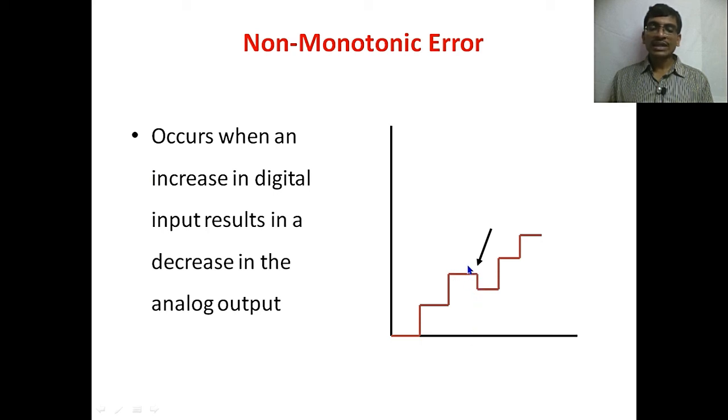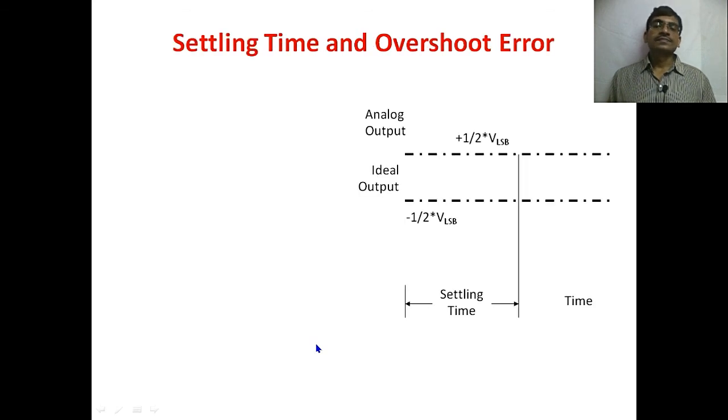But at this point, even though the input binary bit is increased, the output voltage has decreased. One step backward it is. That backward step is called non-monotonic. Here it stepped down and then again increased in the next steps. If our output has this type of a back step, then it is called a non-monotonic error.